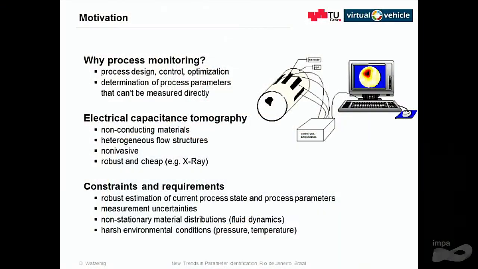Within such a pipe, we have non-conducting material. We actually are interested in imaging the permittivity inside. Permittivity, just to give you an idea: the lower bound is by definition 1, so that's what physics is telling us. Oil, let's say crude oil, is in the range of 2 to 3. Water is somewhere 80, 85, 87. And gas, of course, is close to 1.